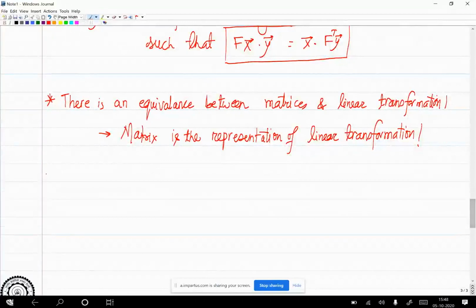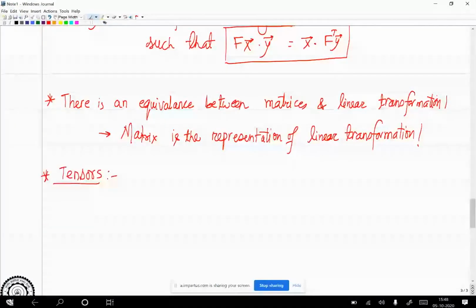So this brings us to the concept of what is called tensors. We have these linear transformations which are independent of coordinate system, but their representation matrix is dependent on the coordinate system.